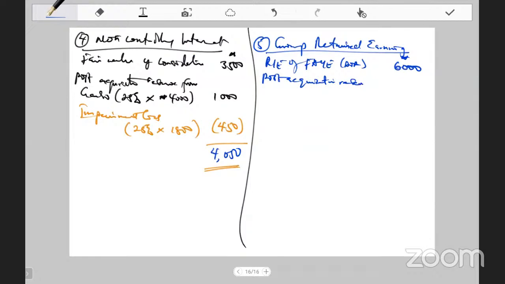So the post acquisition reserve from Gabon will give me 75% of 4,000. That's 3,000. Impairment of 75% of 1,800.